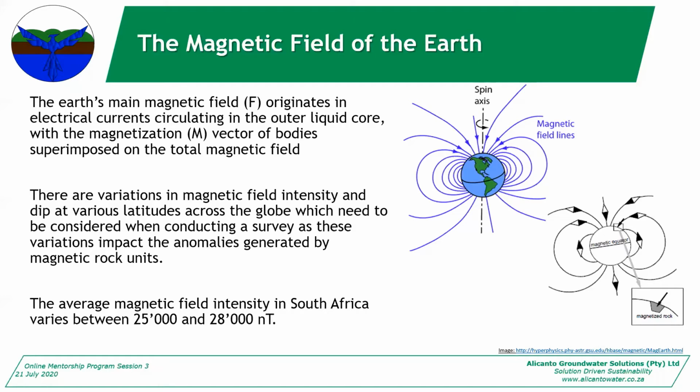Then there are variations in magnetic field intensity and dip at various latitudes across the globe, which you need to consider when conducting your survey, as these can impact the anomalies that you measure on magnetic rock units. The average intensity in South Africa is between 25,000 and 28,000 nanotesla.